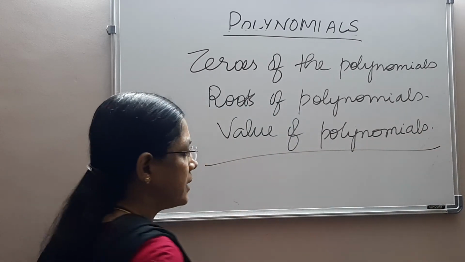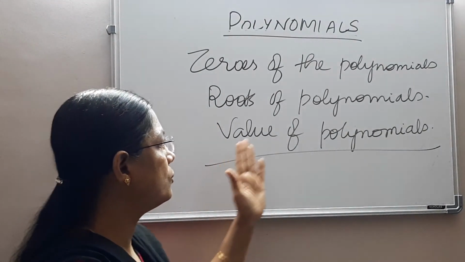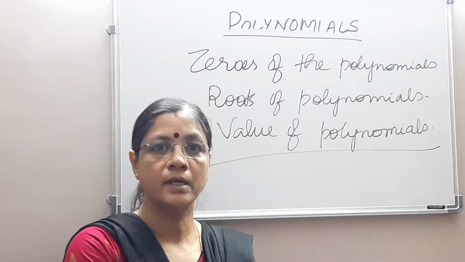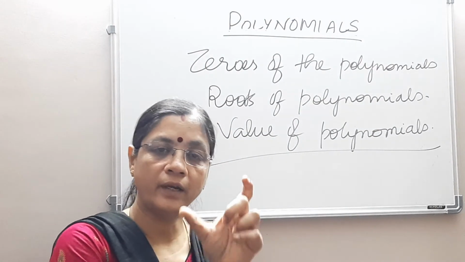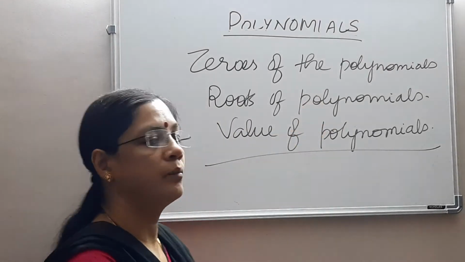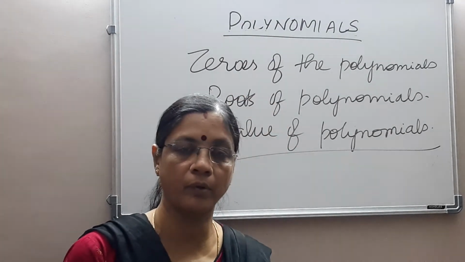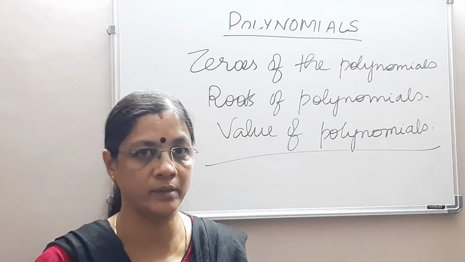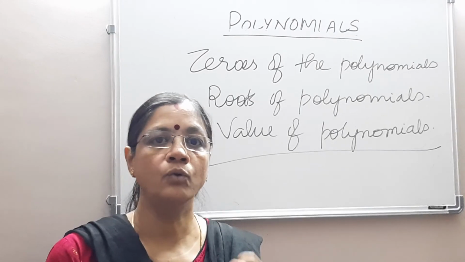We'll see all these three things, which are keys to understand polynomials and find out solutions for polynomials. That is, finding the values for x or the variable in the polynomials. That is what we term zeros of the polynomial or roots of the polynomial or solutions of the polynomials.